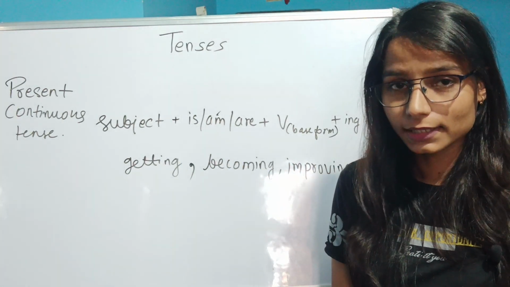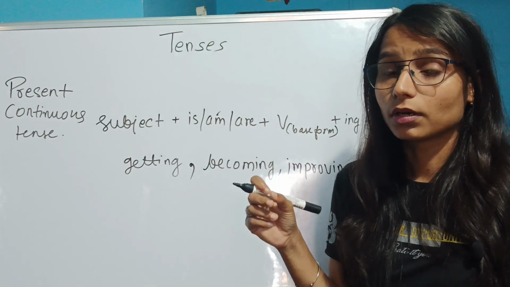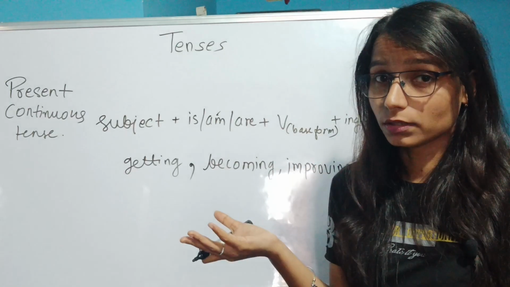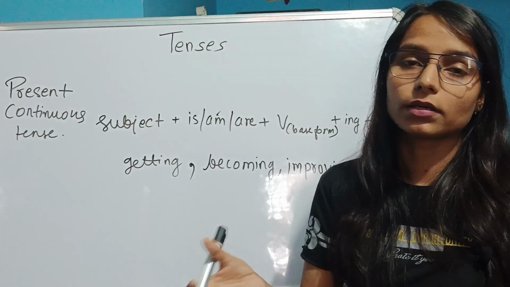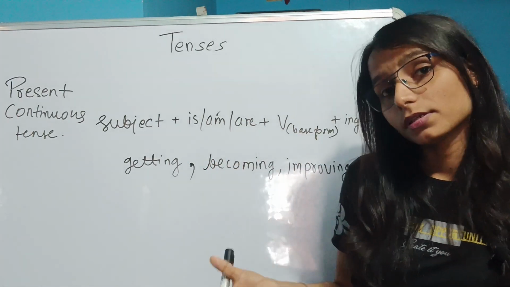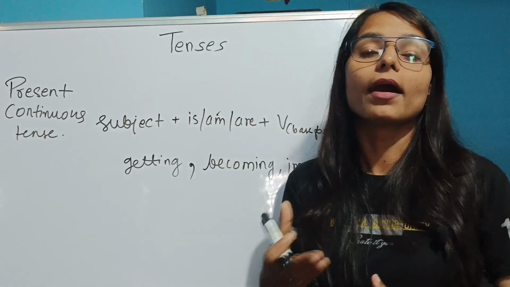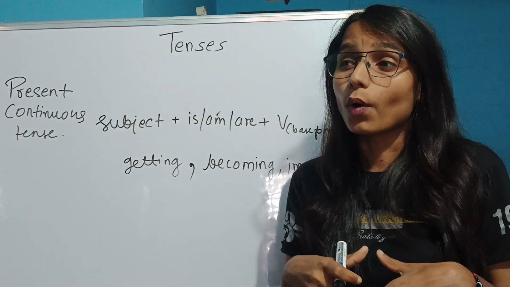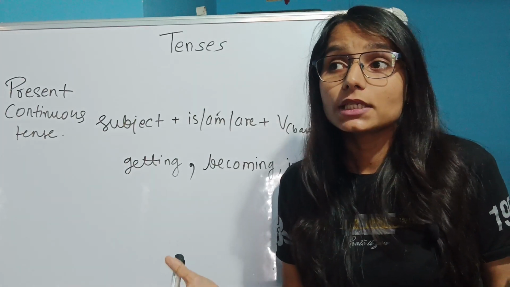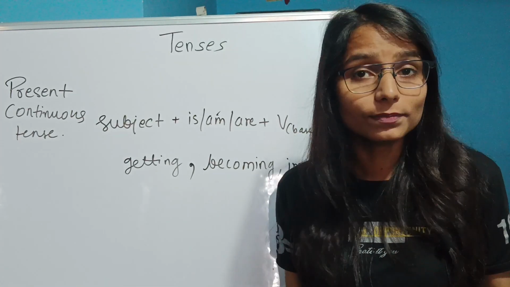For pickles, you say I eat pickles. I eat chapati in my breakfast, so you eat chapati daily at breakfast. But if you say I am always eating pickles, it means you are eating pickles more often than normal. You are not eating it daily, but you are having it more often than normal.